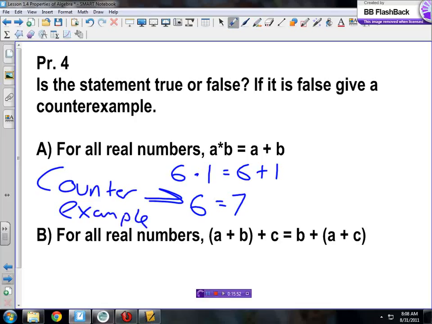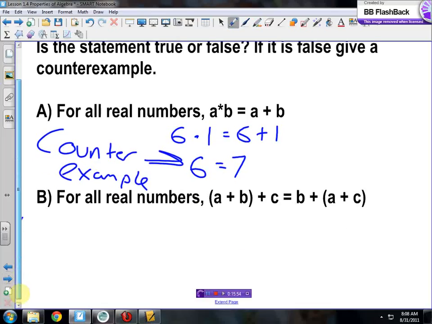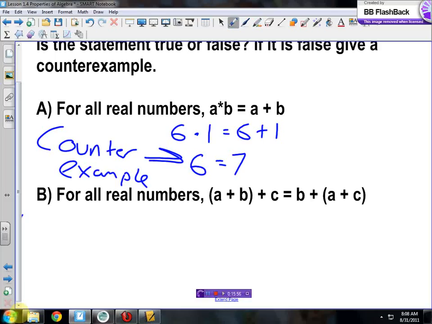Good. Part B. For all real numbers, a plus b, parentheses, plus c is equal to b plus parentheses a plus c. Right. Sometimes you'll know right away whether it's true or false. Sometimes you're going to think, well, I'm not sure, so maybe I should plug in something to see what happens, right? So, Chase, can you give me some numbers? 7 plus 6 plus what?